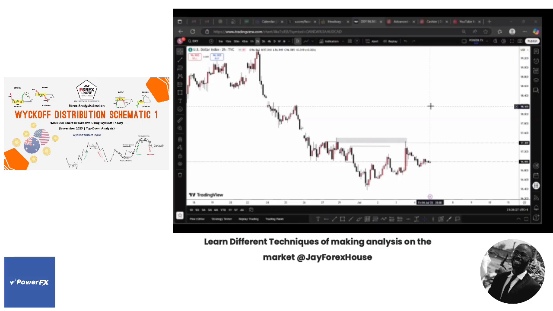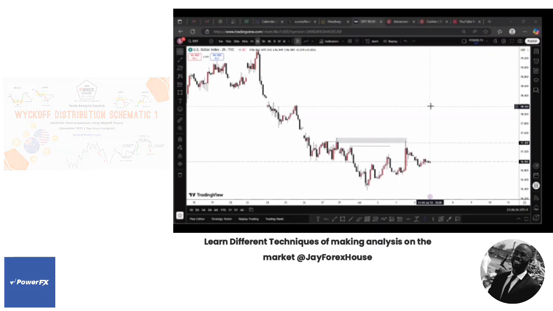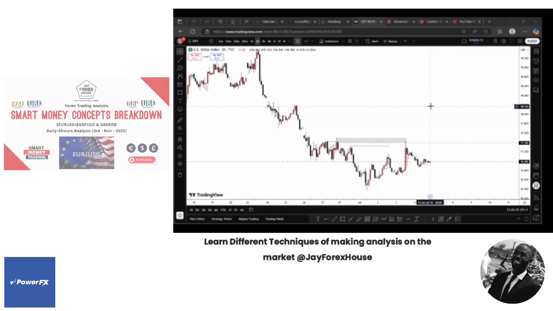PowerFx today gave us insights into smart money concepts on a general scale. We talked about a wide range of things from fair value gap, liquidity, to smart money concepts.